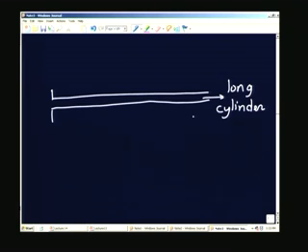Therefore, this is relatively long compared to the radius of the cylinder. The radius of the cylinder could be a few, at the most a fraction of a millimeter, and the length of this could be even a few meters or at least a meter. Therefore, it is a very long cylinder for our purpose.